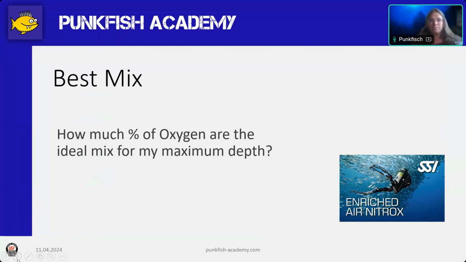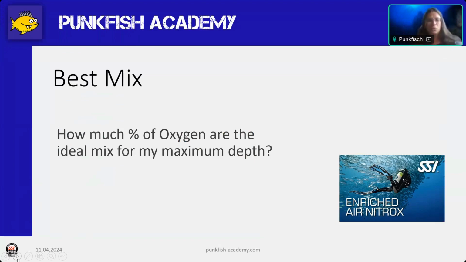The best mix is the perfect nitrox for a depth that we know. So when we plan a dive to a specific depth, for example, because there is a beautiful wreck and this beautiful wreck lays on the sandy bottom, and this sandy bottom is at exactly 28 meters, we can find out which nitrox we want to have in order to get the longest possible dive at this wreck and get the most out of our dive.